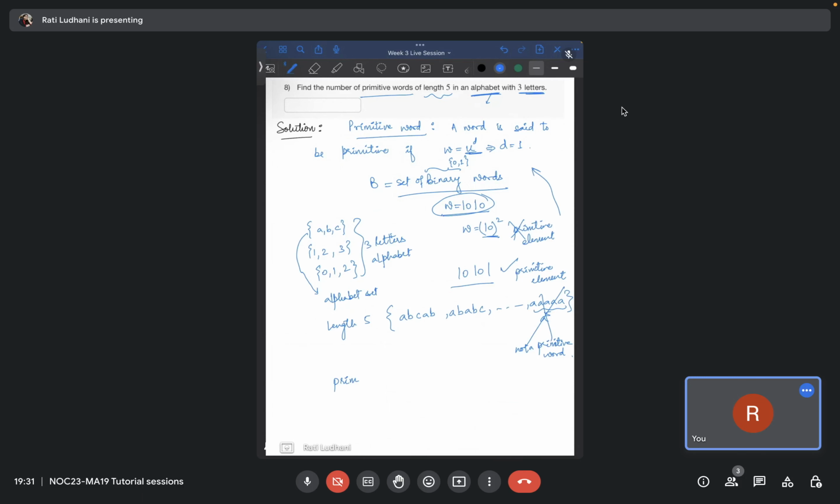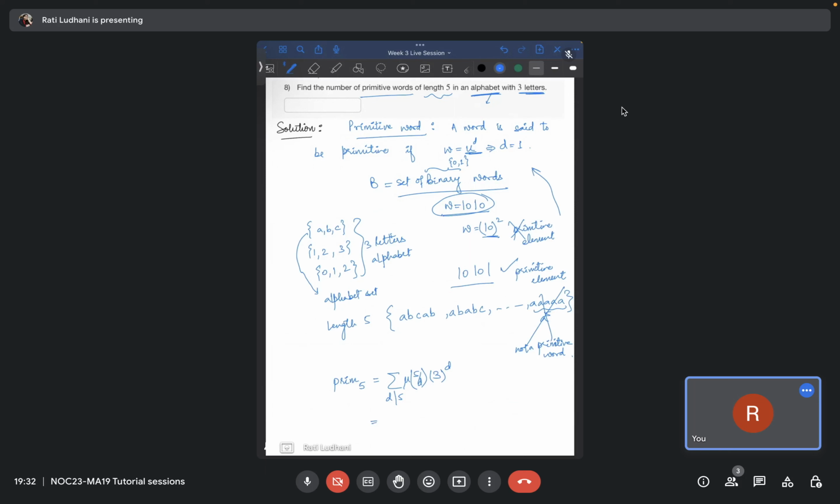So using this and Mobius inversion, you can actually get primitive 5 is equal to summation, k raised to power D, mu 5 by D, and D should divide 5. So this is the formula where k is 3. So you can check the notes.